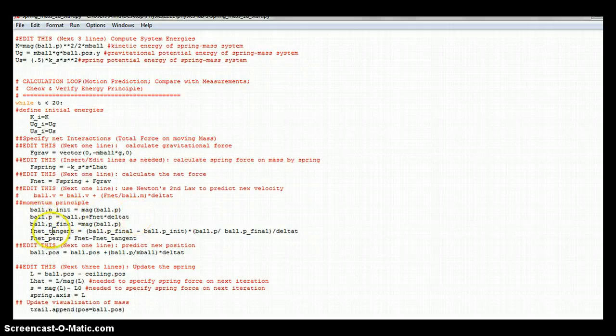And this is equal to the final momentum of the person, which is the updated magnitude of the momentum of the person. We also update the position of the person, ball dot position, which is equal to the initial position plus the momentum over the mass times the change in time.